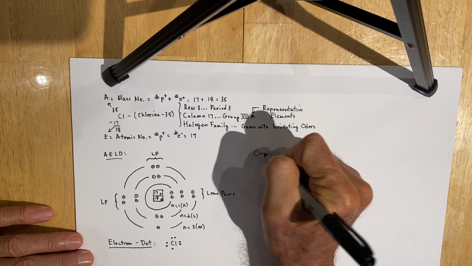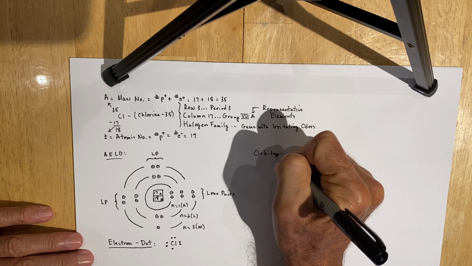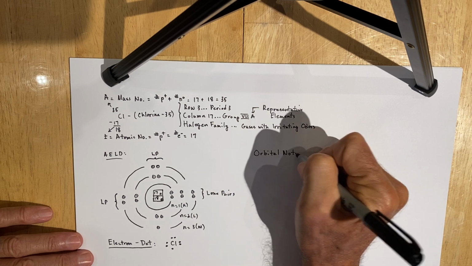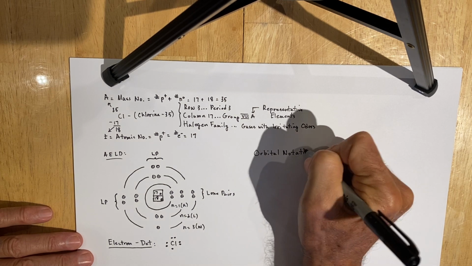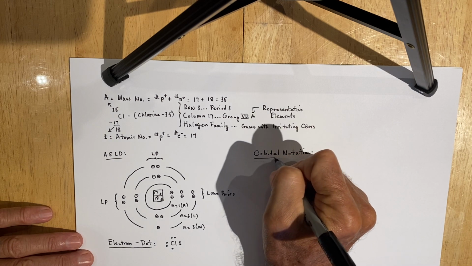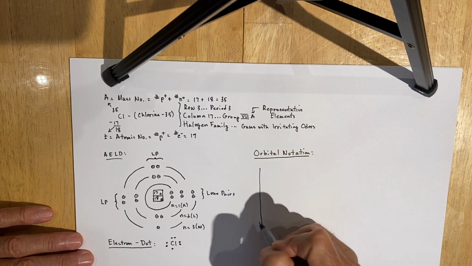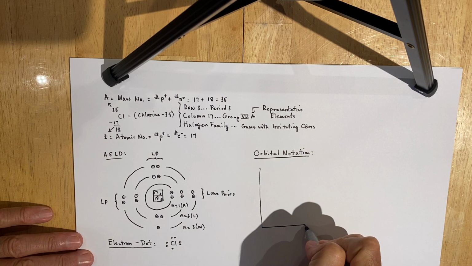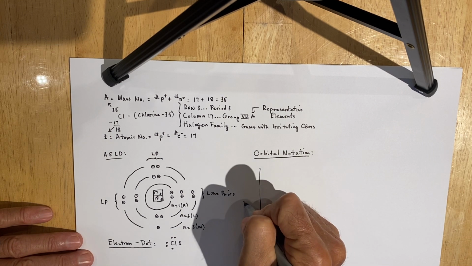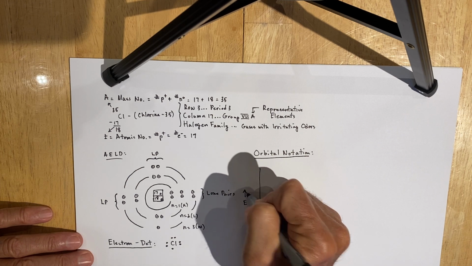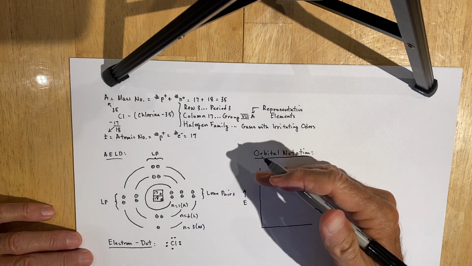As always, I want you to construct the orbital notation diagram for chlorine, which gives us a way of accounting for electrons and energy levels. Chlorine's a fairly good size atom, so we need a little bit more space. Energy is plotted on the y-axis, moving away from the nucleus.